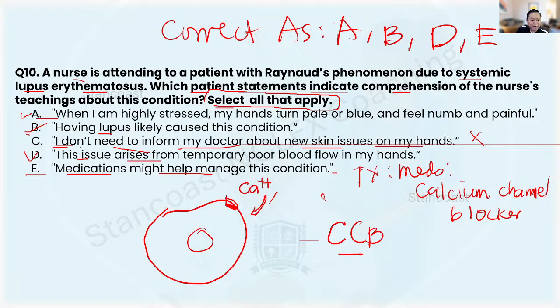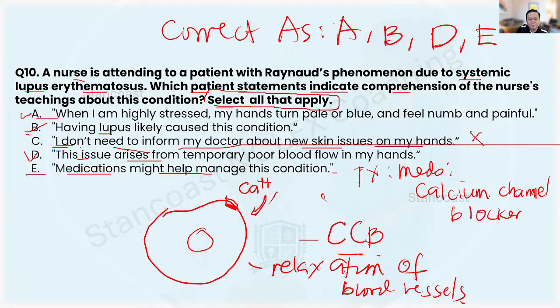All right. So the calcium channel blocker will actually prevent the entry or the influx of the calcium ions into the cell. So when that happens, there will be relaxation of blood vessels. Okay. Vasodilation. This is what we want for this patient because of the vasoconstriction going on.